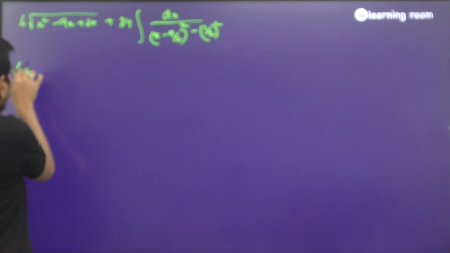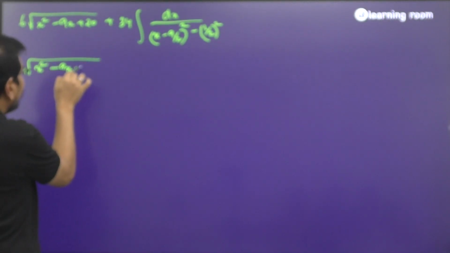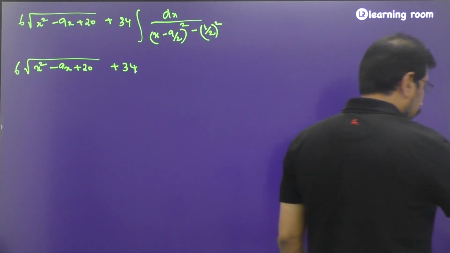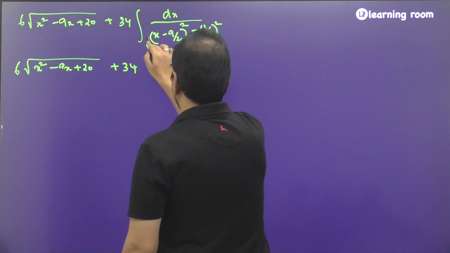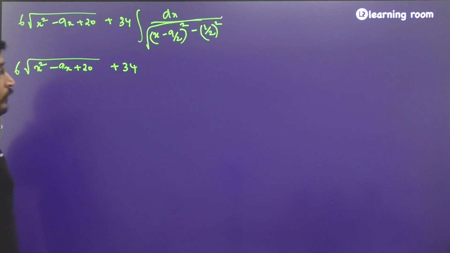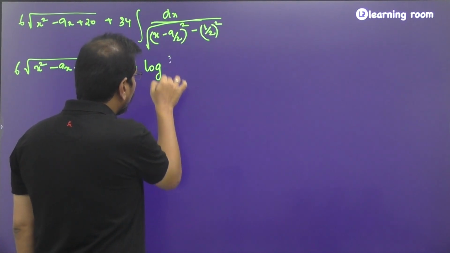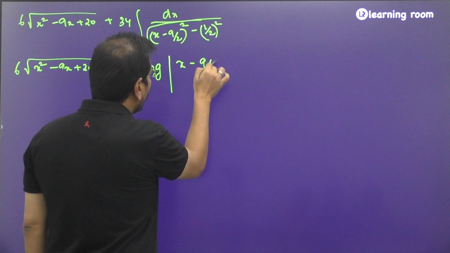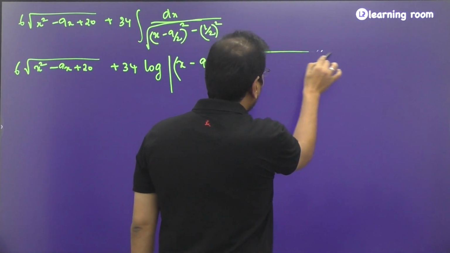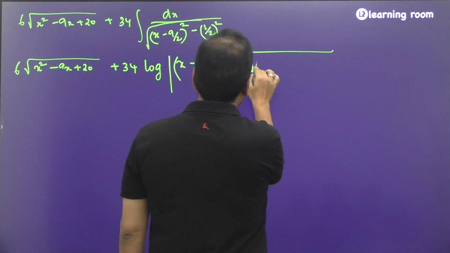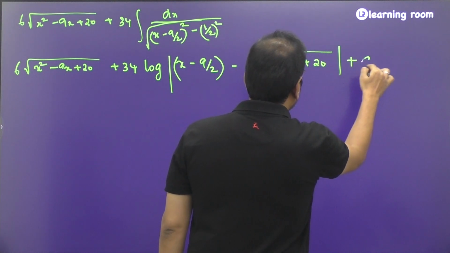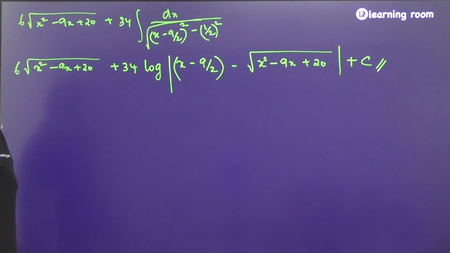So 6 into the root of x square minus 9x plus 20 plus 34 into, I think there is a square root, right? Yeah, there is a square root here. So 1 by the square root of x square minus a square is going to be log of x minus 9 by 2 plus the root of the expression itself, that is x square minus 9x plus 20, plus c. So this will be the answer.